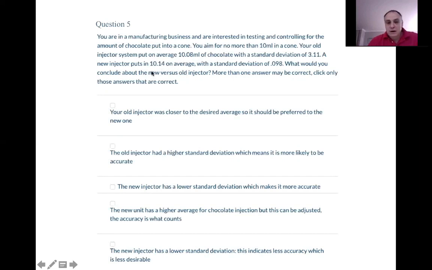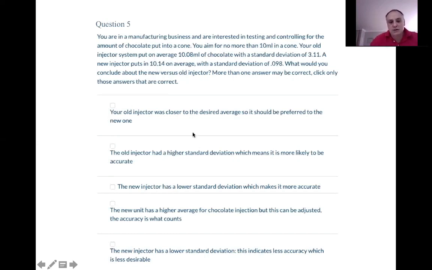The other one gives an average of 10, but it would be just over 11 or just over 9. So with the standard deviation small, it's closer to the average each time.